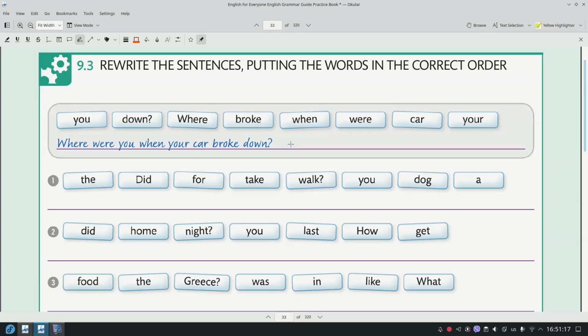We have to rewrite the sentences, putting the words in the correct order. Number 1. Did you take the dog for a walk? Did you take the dog for a walk? Number 2.